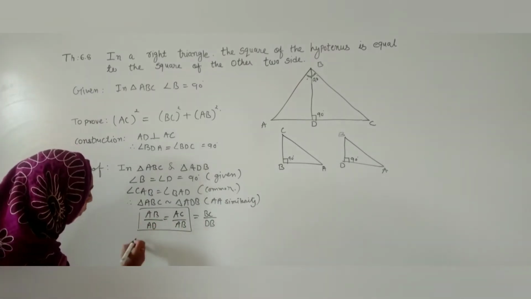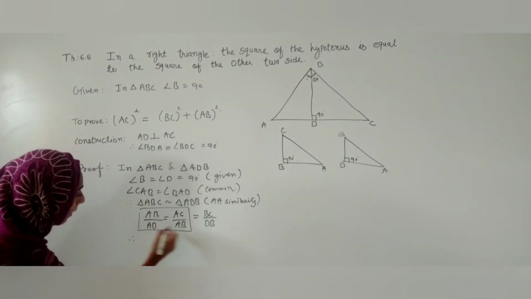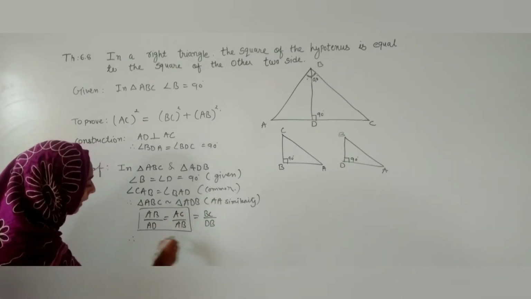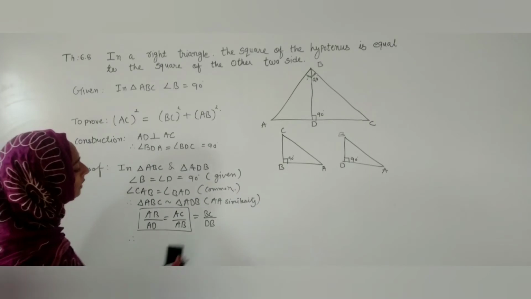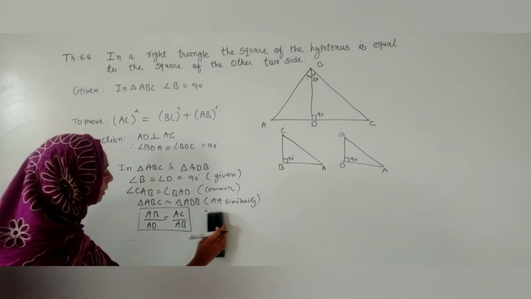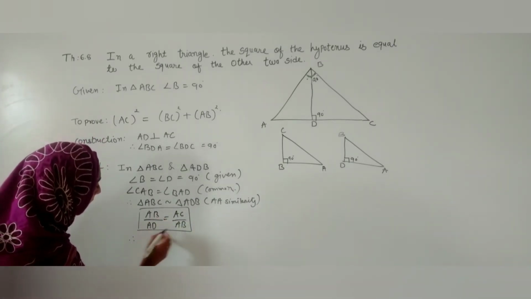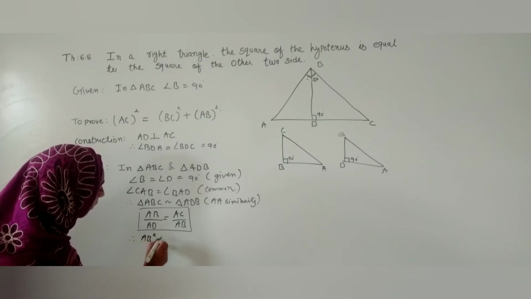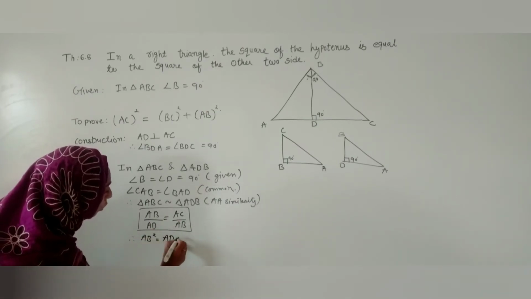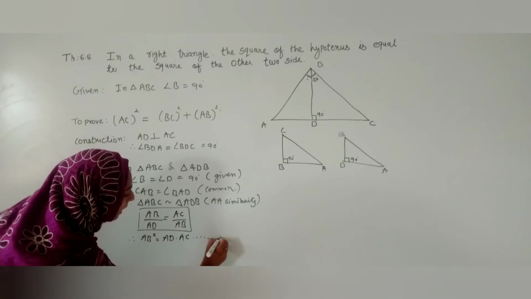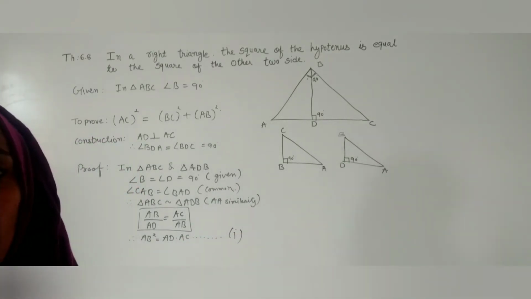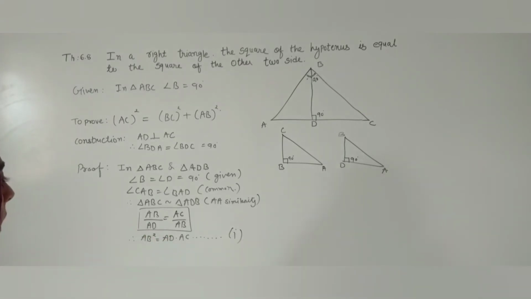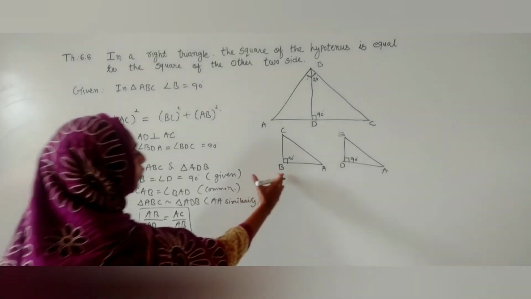I will highlight this, and this other thing is not useful to us, so you can rub it. So let me rub it, and here I will write that AB square is equal to AD into AC, and we will call it condition number 1. So you can see we proved one condition by taking these two triangles.